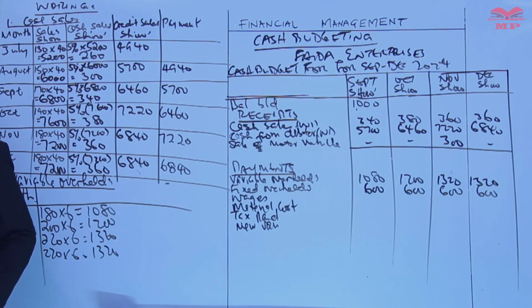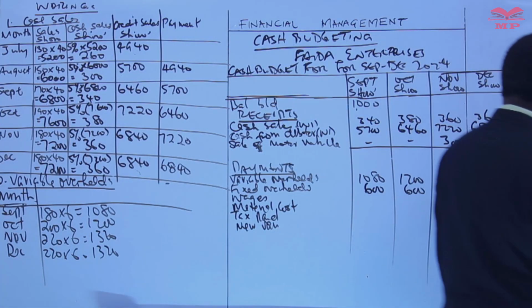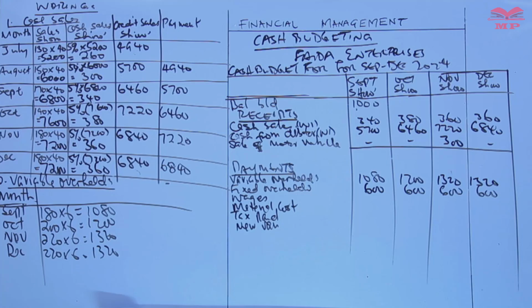And I think Muslima had asked about this, so we are now working out wages. What is the information on wages? Wages are paid 75% during the month in which they are earned and 25% in the following month.